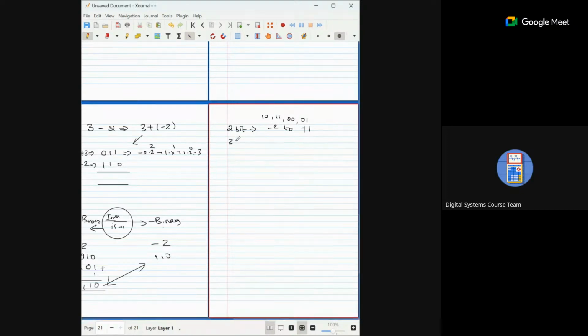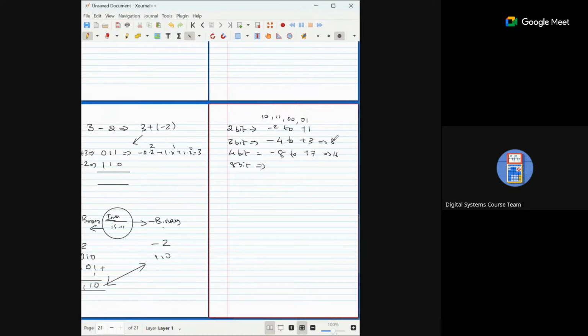Then 3 bits means minus 4 to plus 3. Sorry, I think I was wrong. This is minus 4 to plus 3, and this is minus 8 to plus 7 for 4 bits. Thanks for reminding me. So totally 16 states: minus 8 to plus 7.